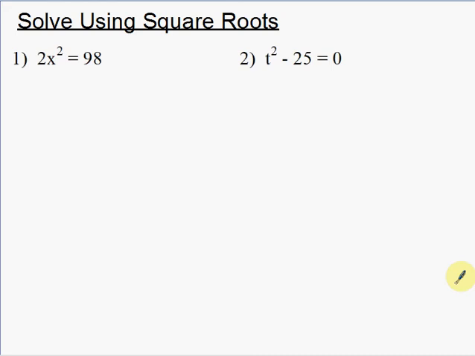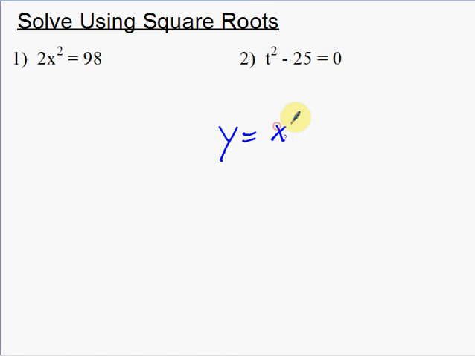goal for this video. So I know I'm going to use the square roots method when I don't have a linear term. And the linear term is, let's say we had a quadratic function here.